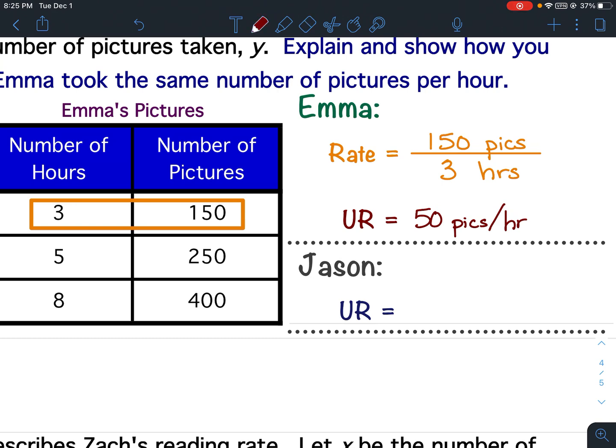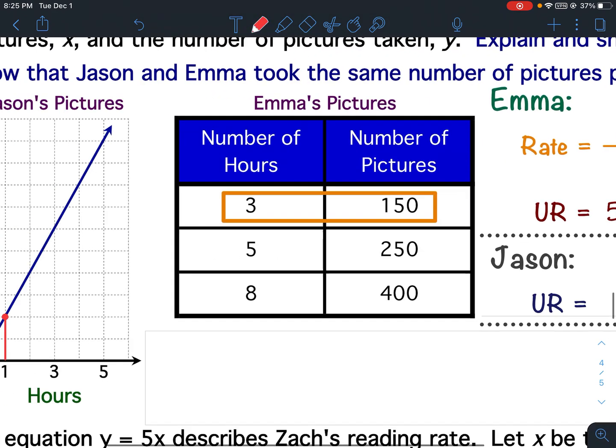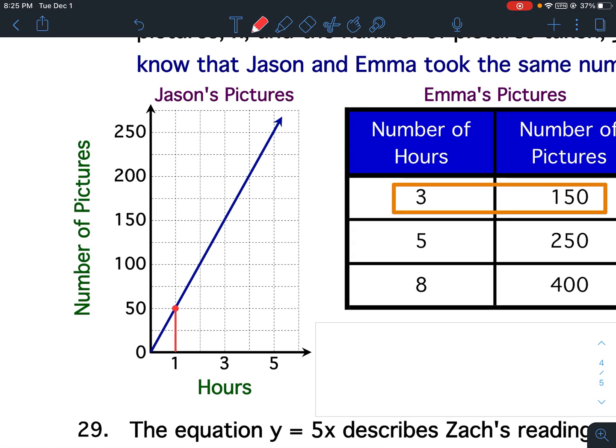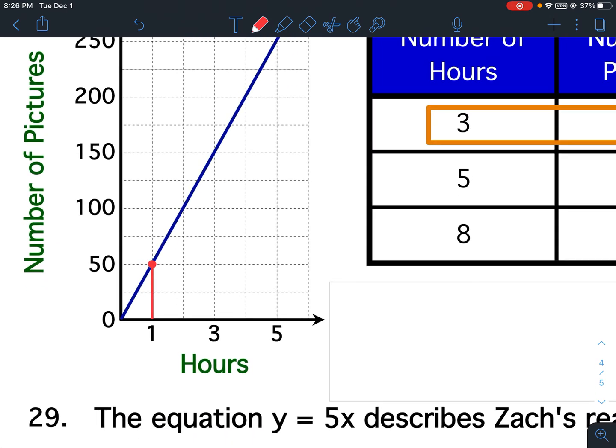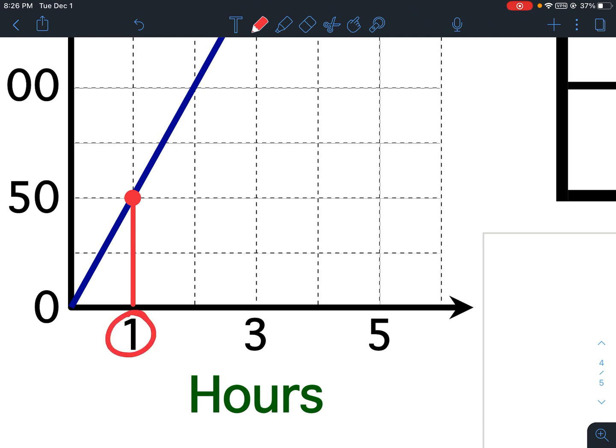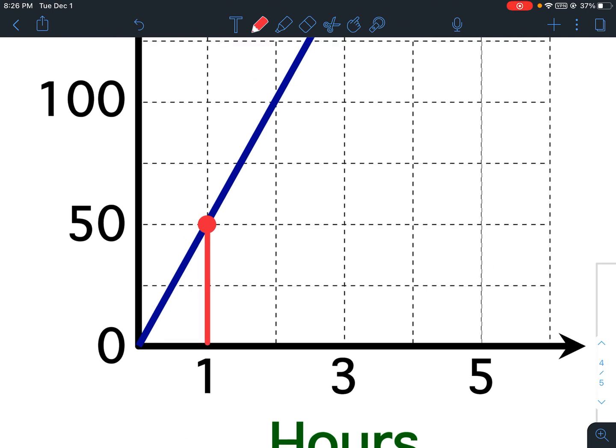For Jason, we have to use this chart, or the graph. Now remember, the trick for the graph is, if you can, find the 1 for the x coordinate and draw a line up to the graph, which is what I did. And then I'll draw a line over.